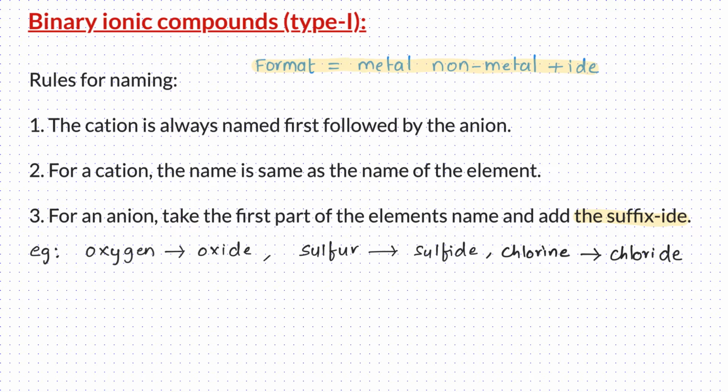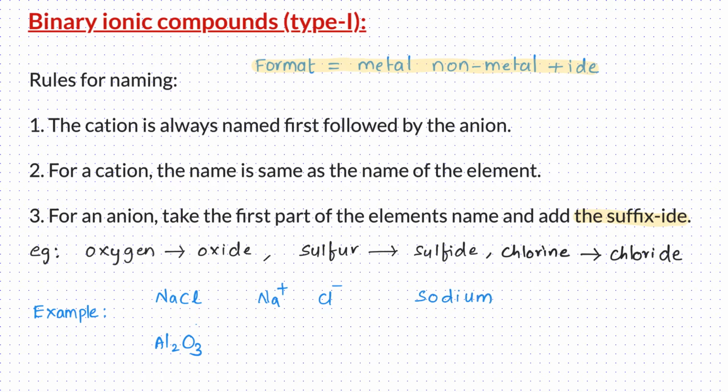We have seen two ionic compounds in the previous slide. Let us name these two compounds. NaCl consists of Na+ and Cl- ions. Na+ is named after its element's name, which is sodium.